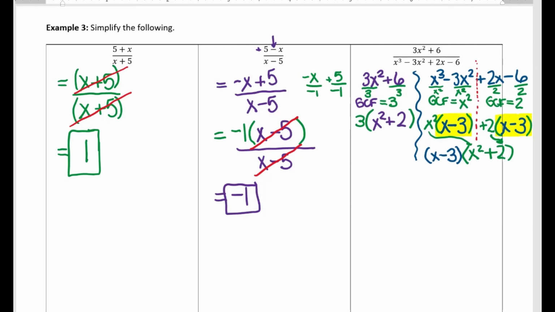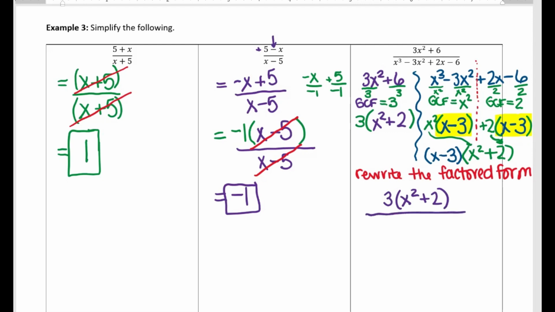Now that we have factored the numerator, the top, and the denominator, the bottom, we're going to rewrite the original, but we're going to rewrite it in factored form. Okay, so up top, instead of 3x squared plus 6, we are going to say that we have 3 times x squared plus 2.